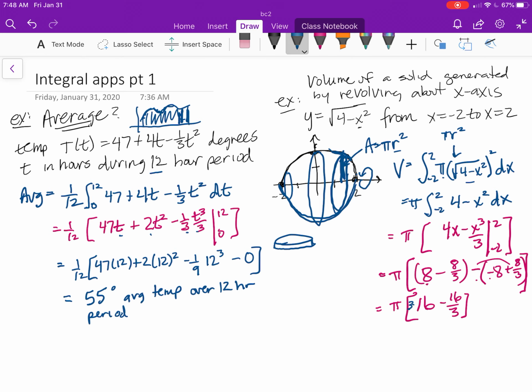LCD is 3, so multiply that by 3 over 3. 48 minus 16 is 32, over 3, times pi. And we're doing volume, so whatever our units are, it's cubic units.